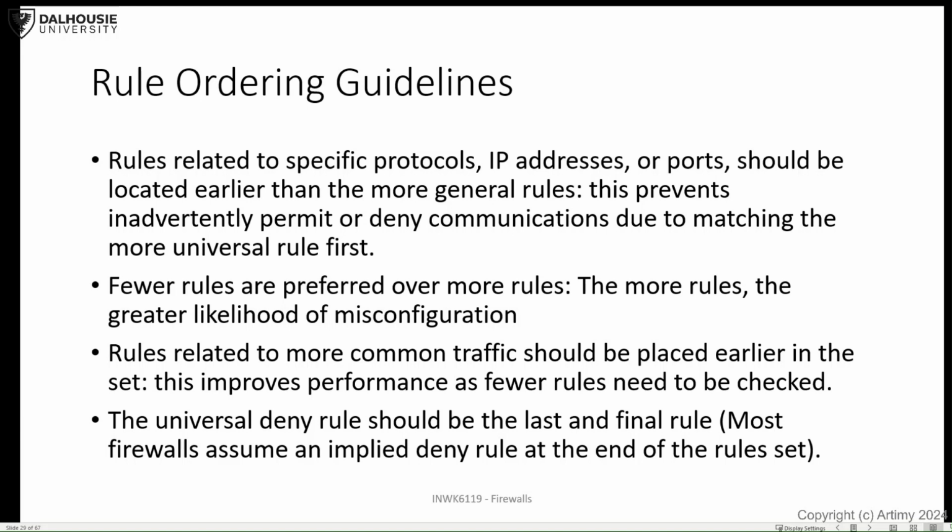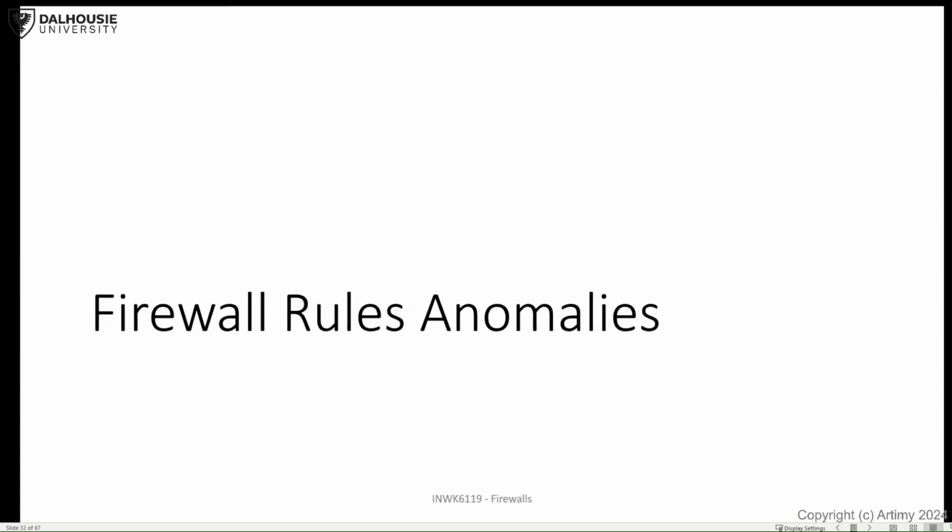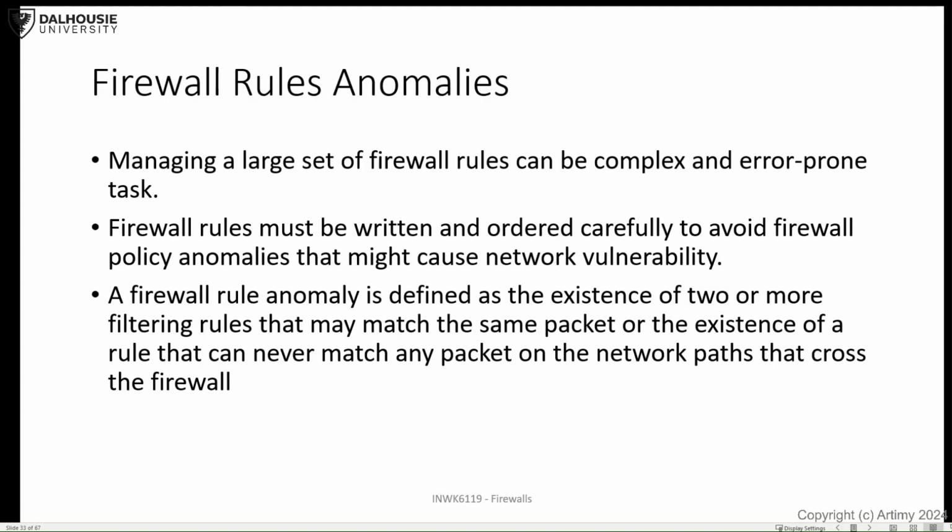We try to make the rules as few as possible, and also I'm gonna assume that we are using a stateful firewall, and we have a universal deny rule at the end. So in all of these cases, another goal of this tutorial is making sure that we don't have any anomalies in the rules.